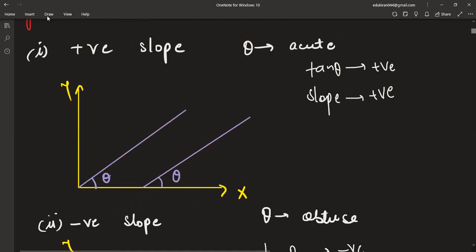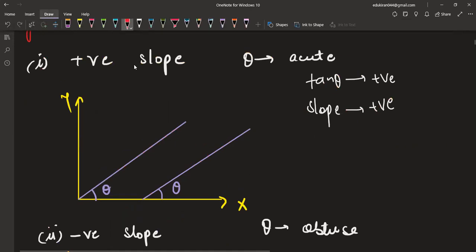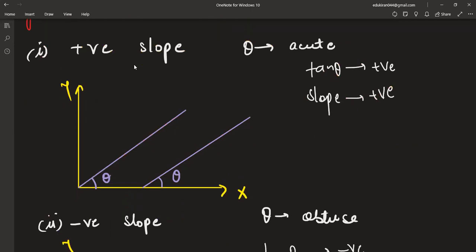Now from this you have different types of graphs. Positive slope graph: if this angle is acute, meaning theta is less than 90 degrees, like 30, 40, 45, 60 degrees, these are the angles subtended by the third quantity.